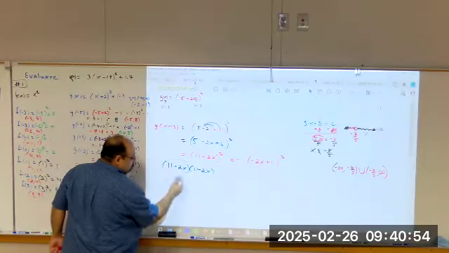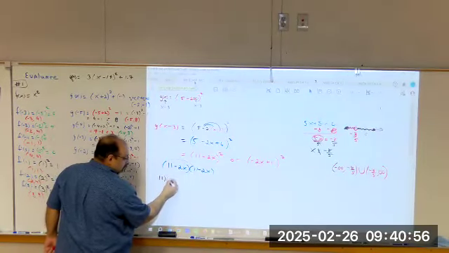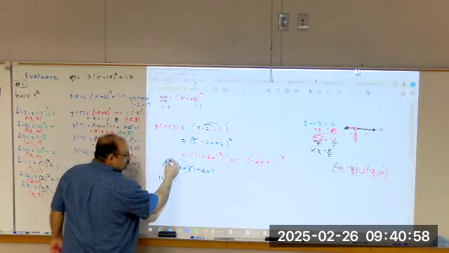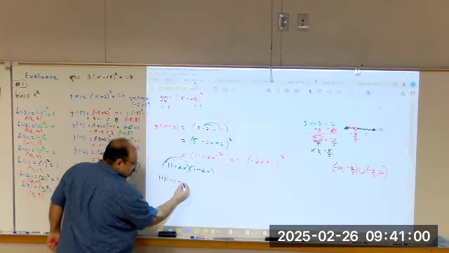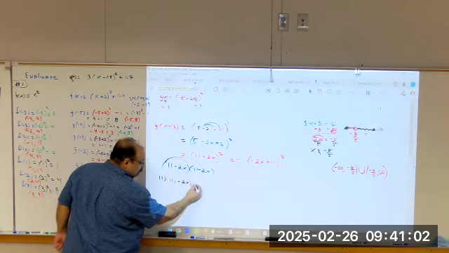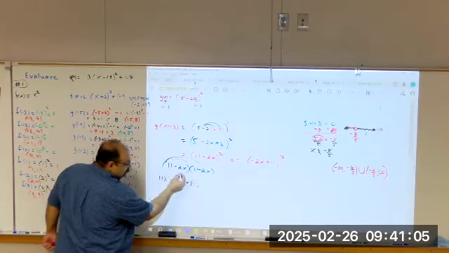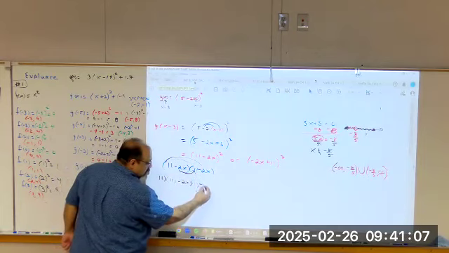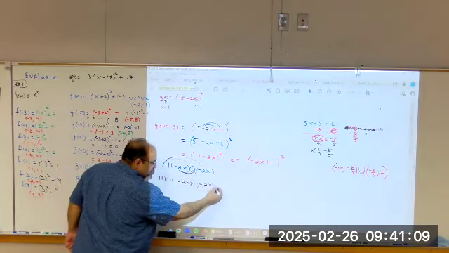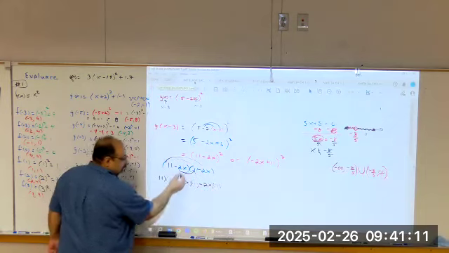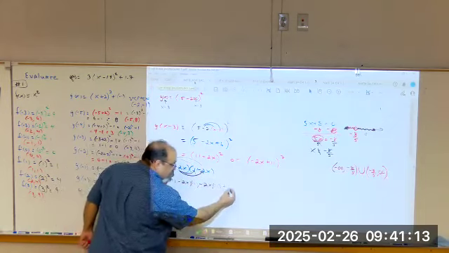So 11 times 11. I'm going to write it out. 11 times a negative 2x, so that would be negative 2x times an 11. And then negative 2x times 11, so that would be a negative 2x times an 11. And then a negative times a negative, that's going to be a positive.